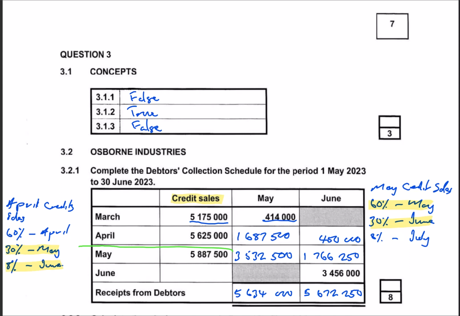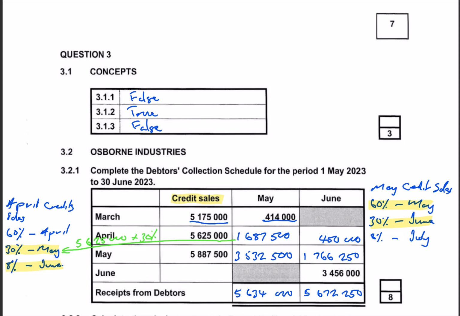We said 5 million. No, so that's the wrong side. And this one, so we used the 30%, so that is 5,625,000 times 30%.